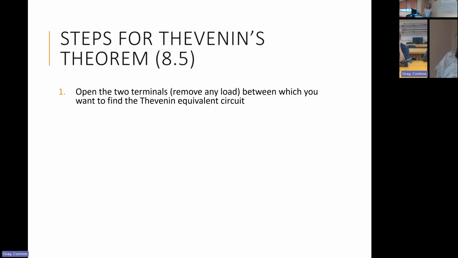So let's talk about the steps for solving this. Basically what we're going to do is open the two terminals. What that means is you'll have A and B on your circuit, and there will be something between them. You are literally going to take that out. Again, that's our load resistor, RL, and we're going to take that out.